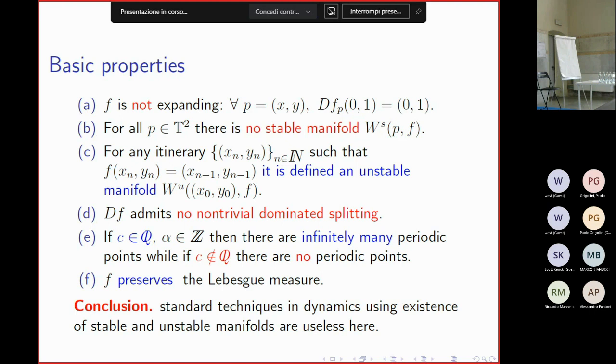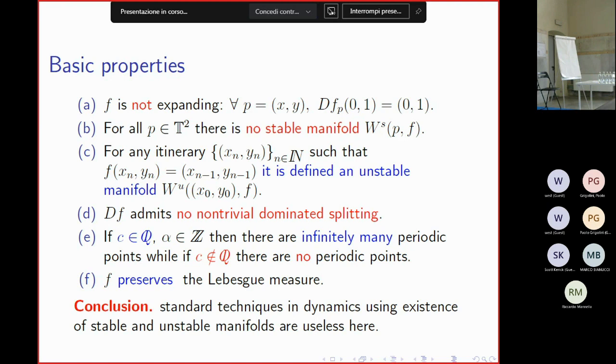The derivative admits no non-trivial dominated splitting. If this constant is rational, there are infinitely many periodic points, and if this constant is not a rational number, there are no periodic points. And the map preserves the Lebesgue measure.